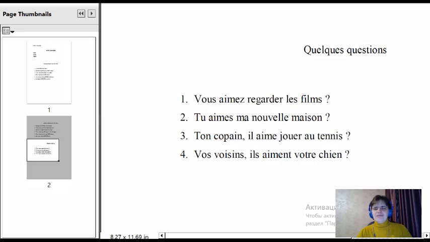Je n'aime pas la télévision. J'aime regarder les films. Et je n'aime pas du tout le bruit.